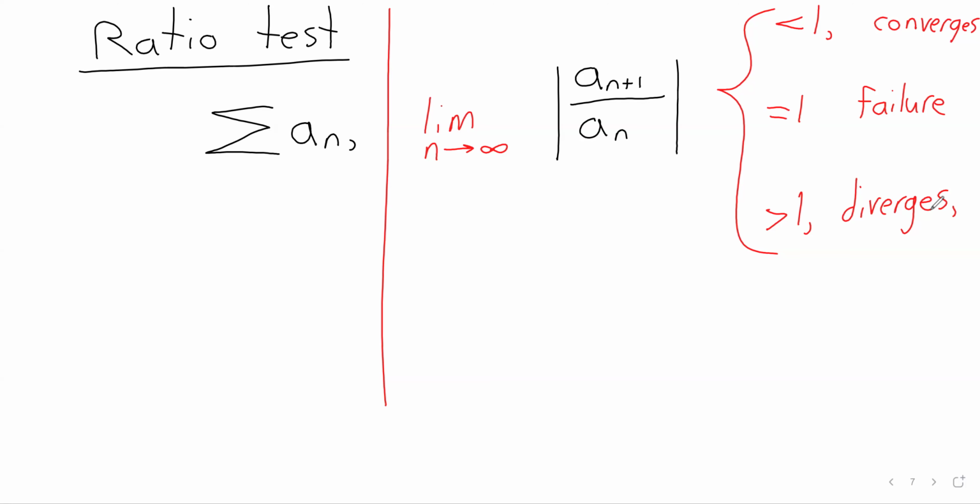But this is the ratio test. And the ratio test is sort of the default test for a lot of applications. The ratio test works really well with powers, and the ratio test works really well with factorials, and the applications we're going to be most interested in have powers in them, and they have factorials in them.